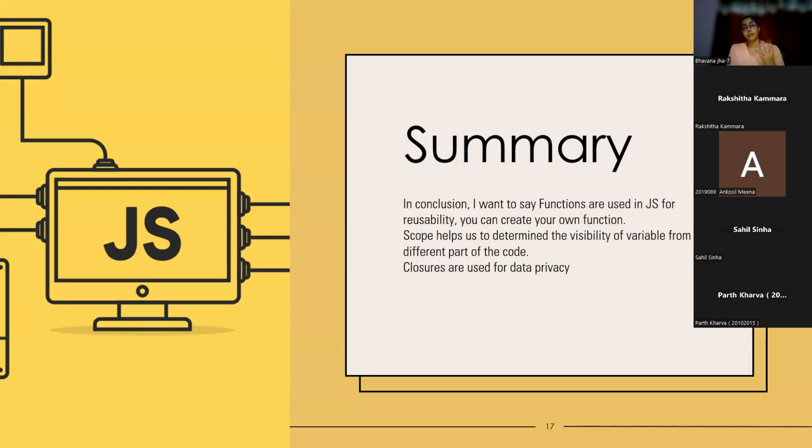So that is the best use of functions in JavaScript, the reusability of our code. And scope provides the visibility of our code, the accessibility and visibility of our variables in different parts of the code.